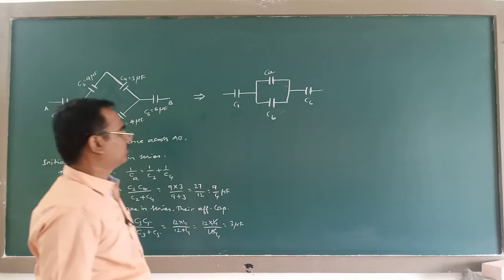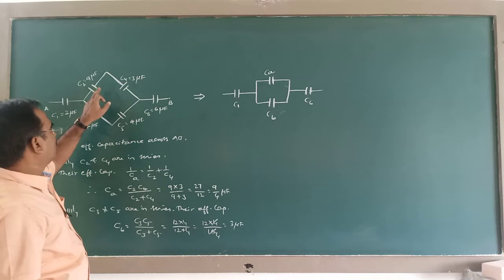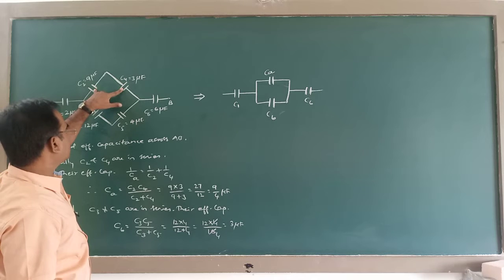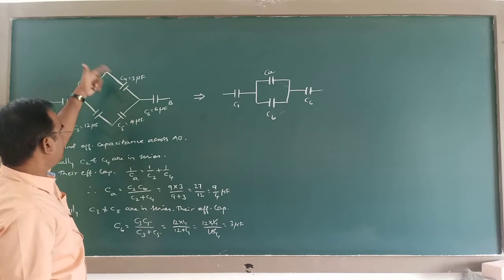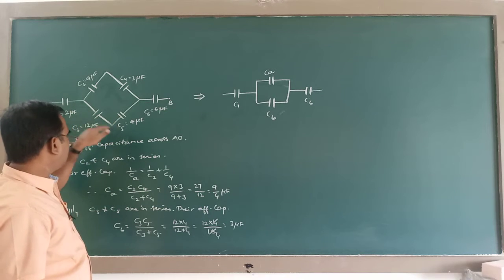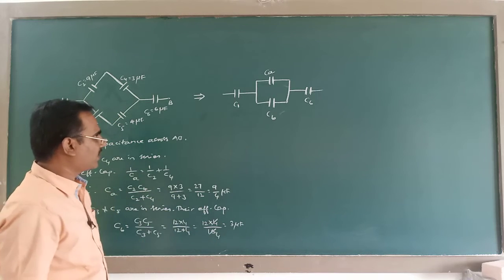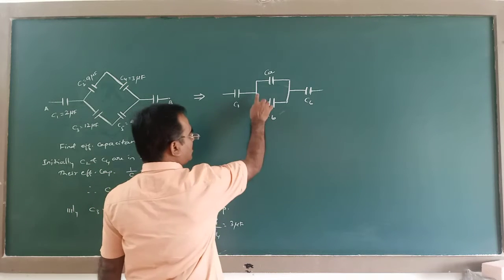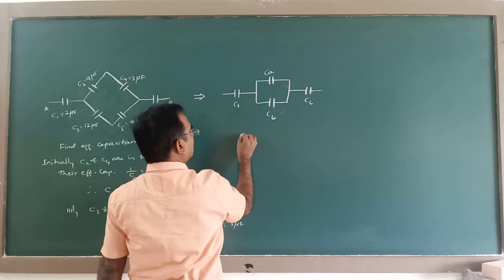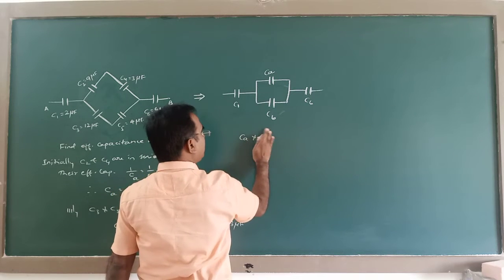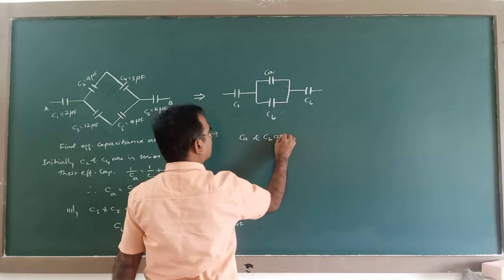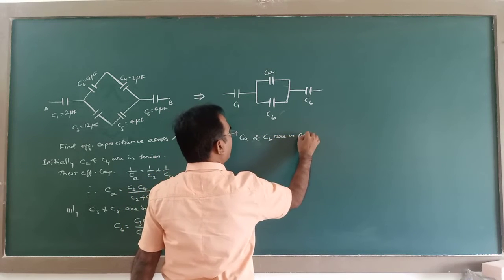Because the two individual capacitors in series can be replaced by their equivalent capacitor of capacitance 9/4. Similarly, these two can be replaced by a 3 microfarad capacitor. So between these two junctions, these two, CA and CB, are in parallel.